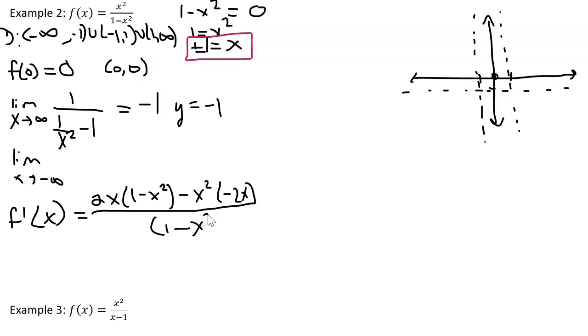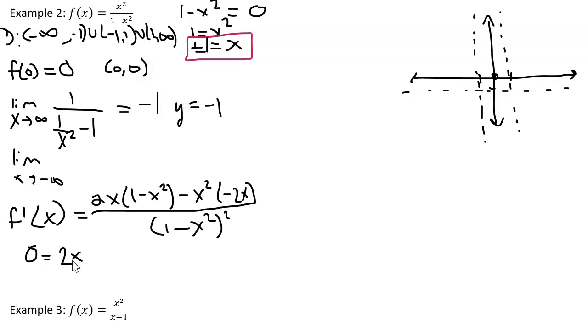Now we're looking for our critical values, so we're going to simplify this as much as possible, but we're not really going to care about the denominator here. The only thing the denominator tells us are the portions where the derivative does not exist, which we already knew because we already identified those as vertical asymptotes. So those are not going to be critical values, those are vertical asymptotes, and we can pretty much ignore our denominator.